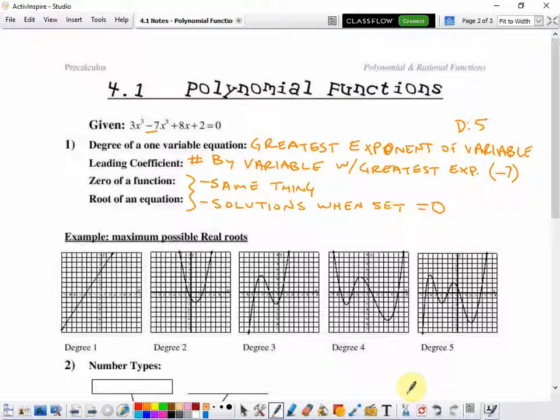So when you set a function equal to 0, the zeros or the roots of the equation are the same thing. And what it really means is where y equals 0. In other words, they are the x-intercepts.